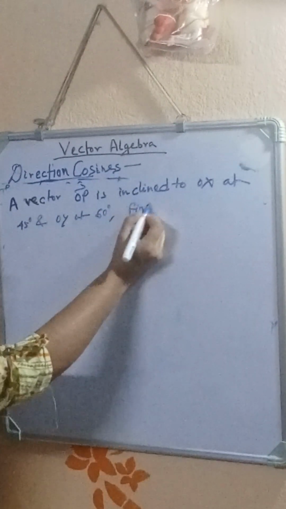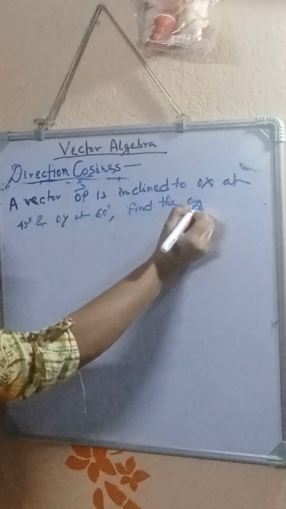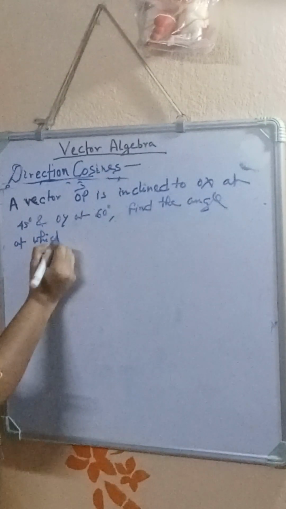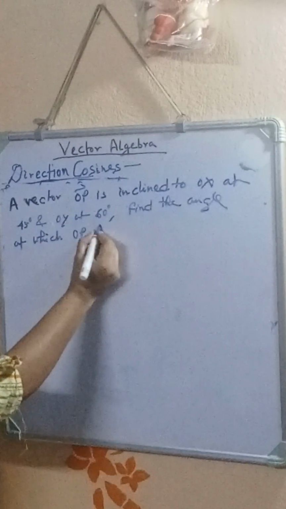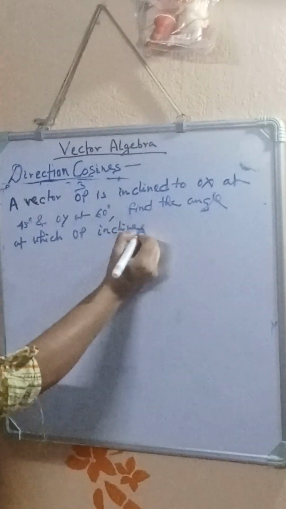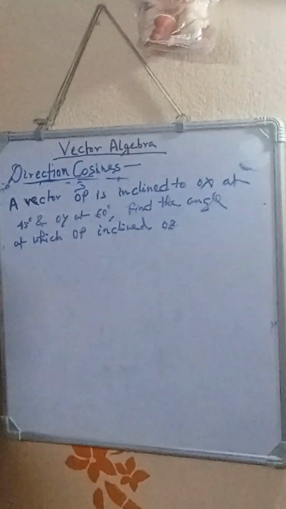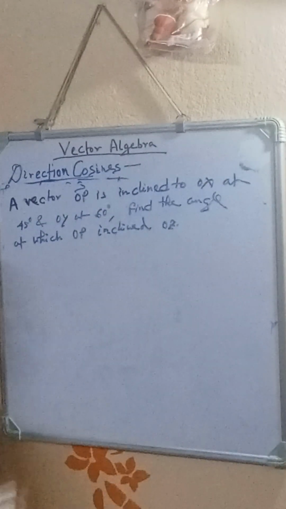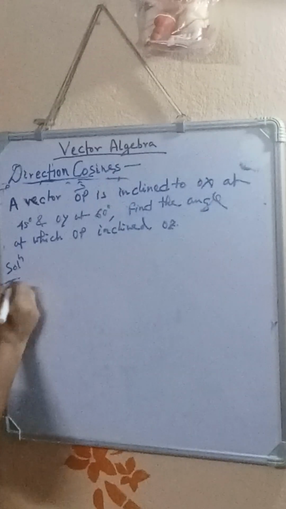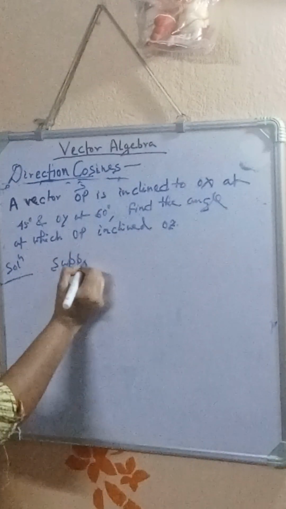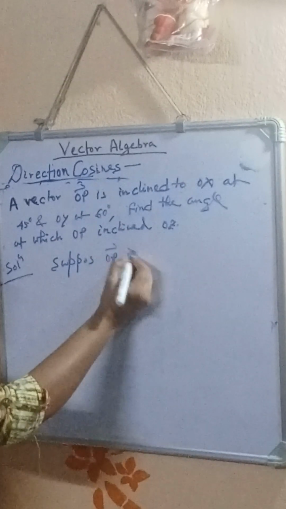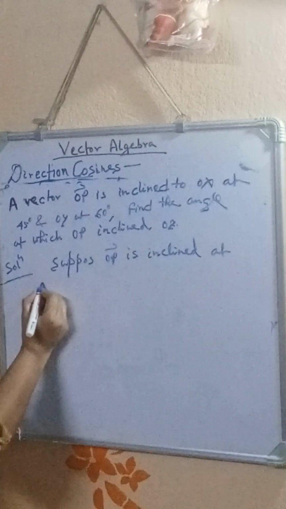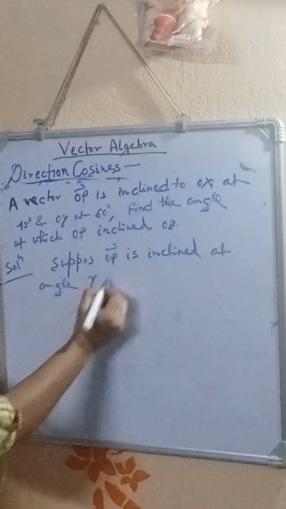Find the angle at which OP is inclined to OZ. Solution. Suppose OP is inclined at angle gamma to OZ.